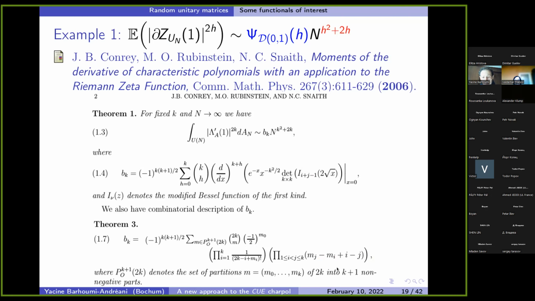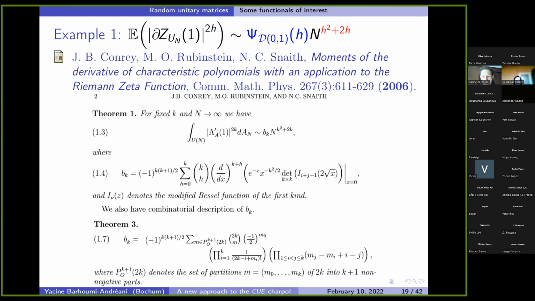Here, if people know, this is the dimension of a module of the symmetric group, because you have the factorial here. So this is related to some measure over partitions.